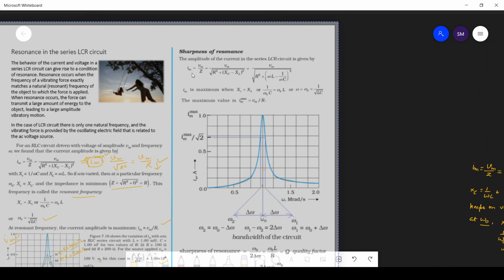Here, as we have just discussed, Im is maximum at this frequency.